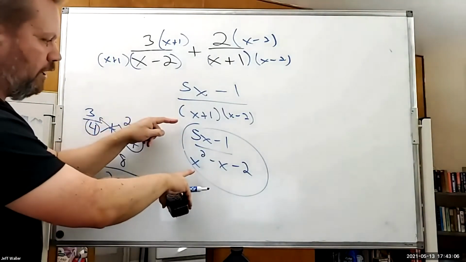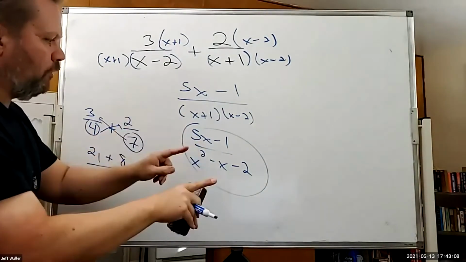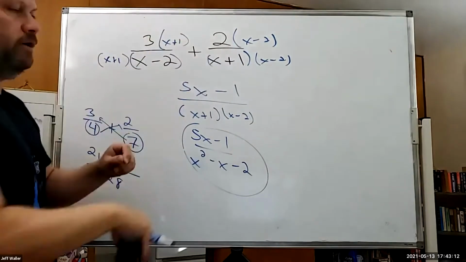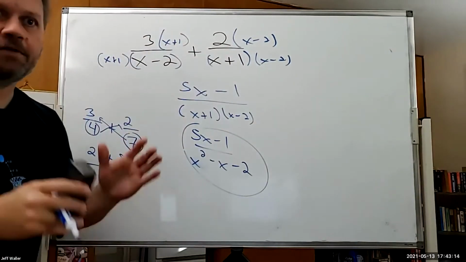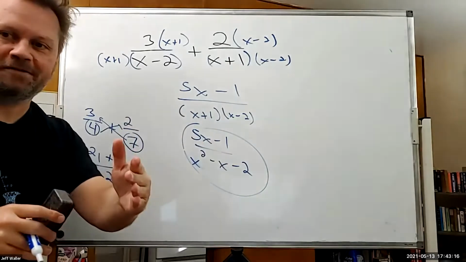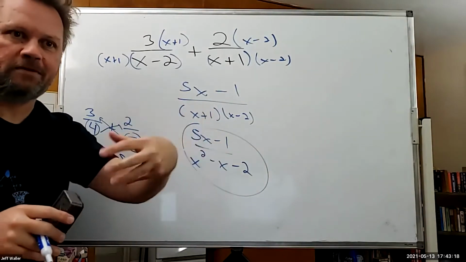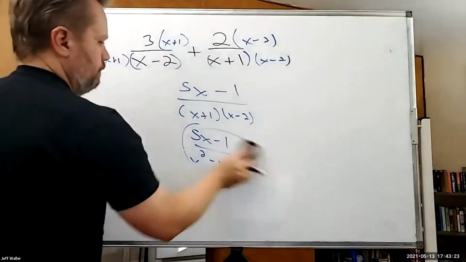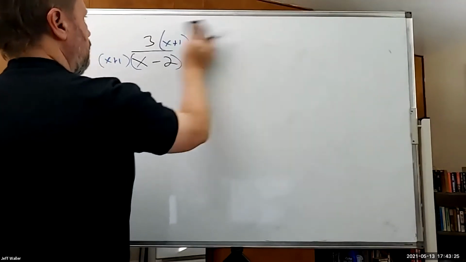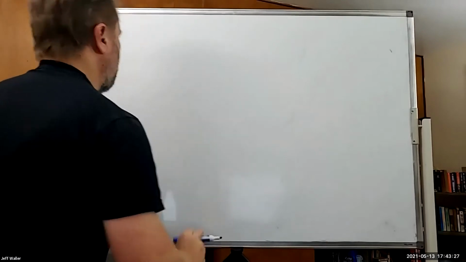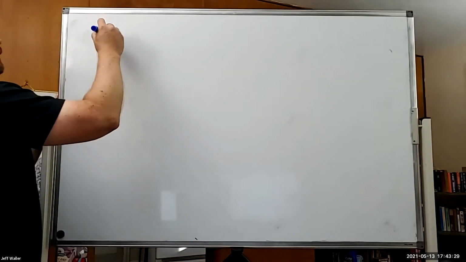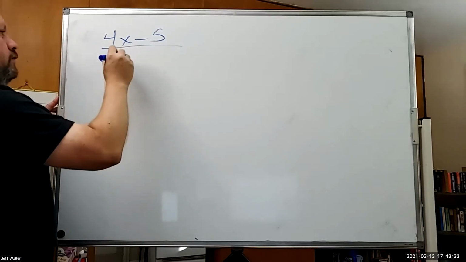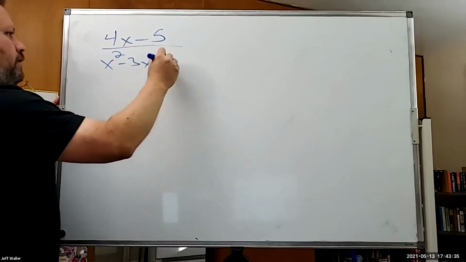we will get a problem like this, and our objective is to break it into parts. So this is called partial fractions, breaking fractions up into their parts. All right. So for example, if I got this here, what do you got, Jeff? 4x minus 5 over x squared minus 3x minus 4.